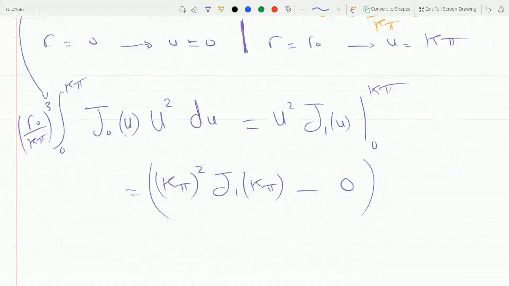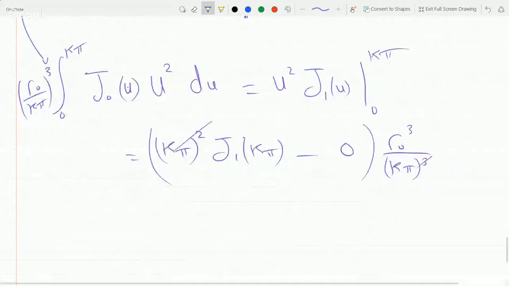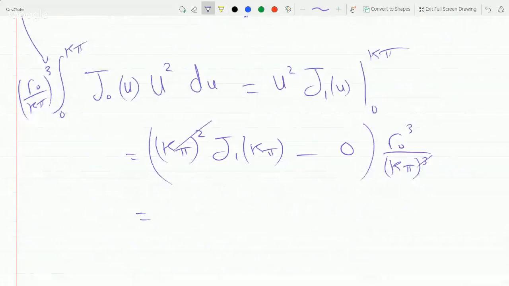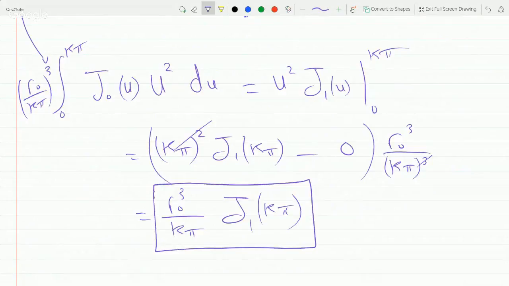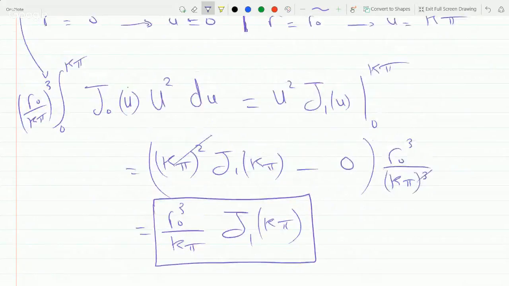So this is r0 cubed over k pi cubed, and we can cross two of these with two of these, and we have left for this integral r0 cubed over k pi, Bessel 1, p equals 1, of k pi, which we can find. I'll find it in a second. So this is the answer for the integral that was on the left hand side here.